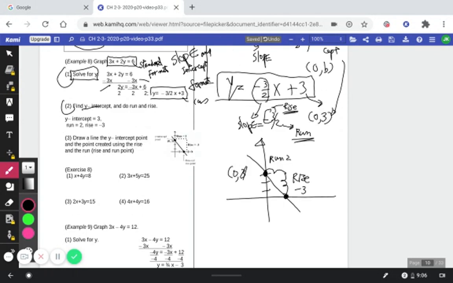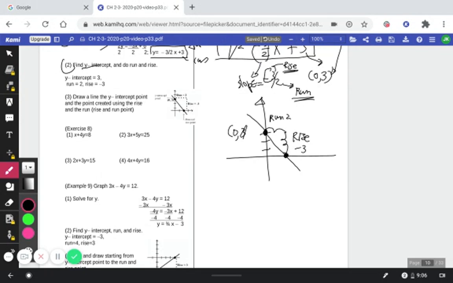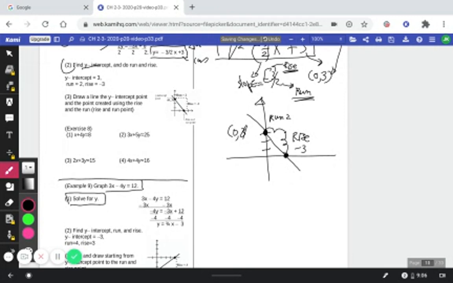So if you have another example before you do the exercise, you have graph 3x minus 4y equals 12. Now, first thing you do is, because this is a standard format rather than slope-intercept format, you solve for y to get slope-intercept form from the regular standard format of the equation.